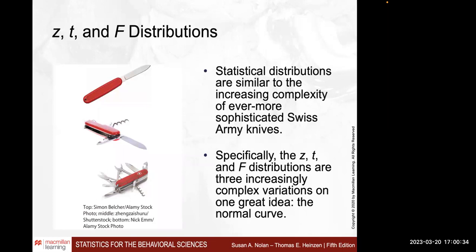So the way you look at this, I don't like this analogy with the Swiss Army knife, but basically you're going from a set distribution where you have one sample and you're comparing it to a population mean. You have the t-distribution where you're using two separate samples and you're trying to compare those two, and then you basically go to the f-distribution where you're comparing several distributions amongst each other.